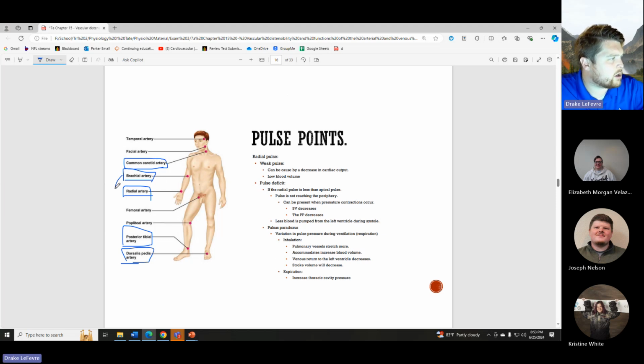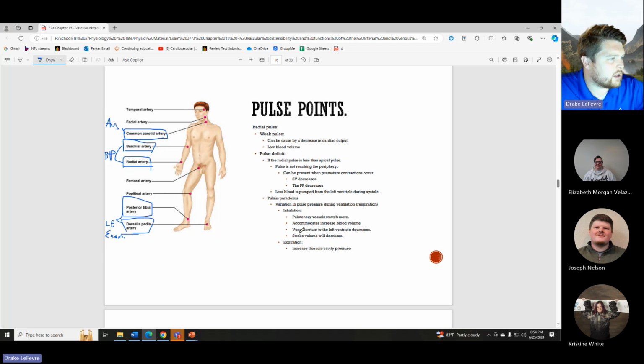Brachial artery and radial artery are super important for taking blood pressure. Common carotid is important for auscultating. And these two are important for lower extremity exam. And like we said, the further away you get from the heart, typically the pulses and the pressures will be different.